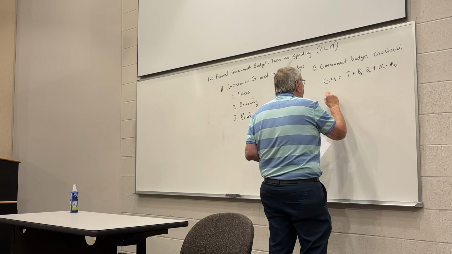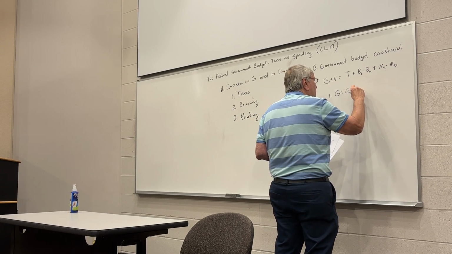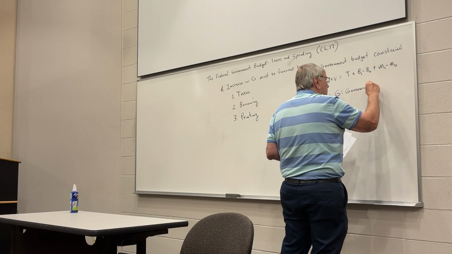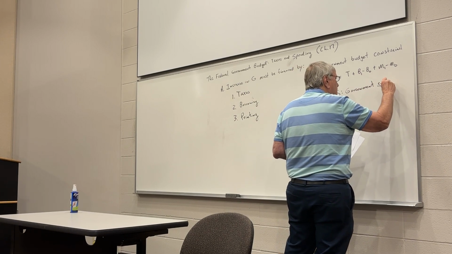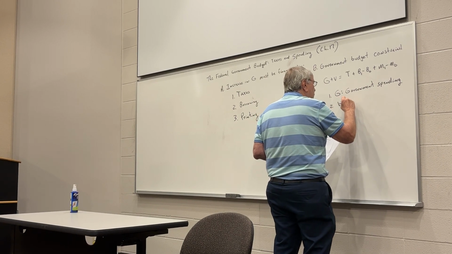So G is government spending. V is transfer payments.